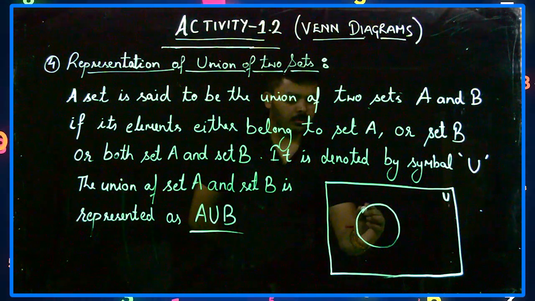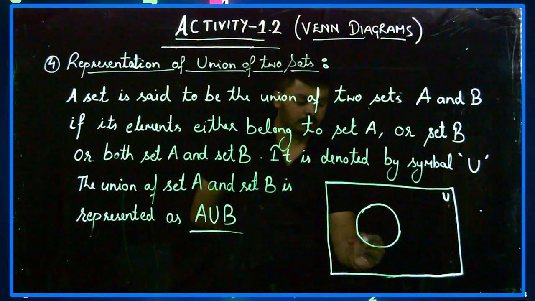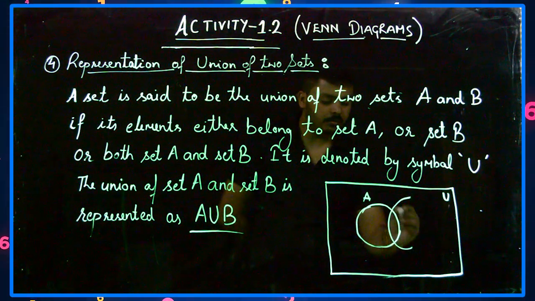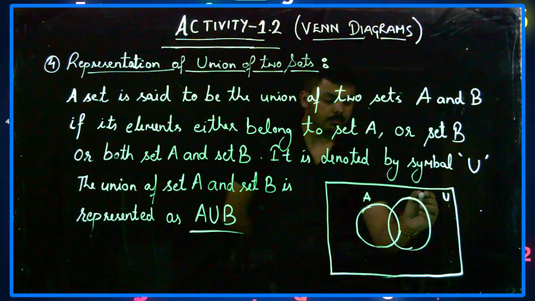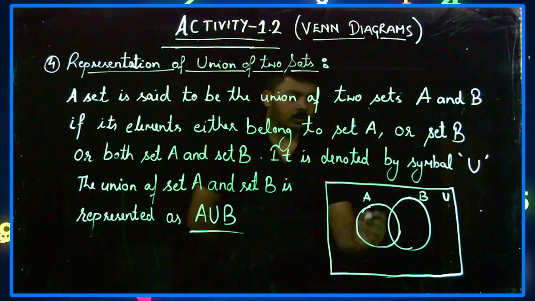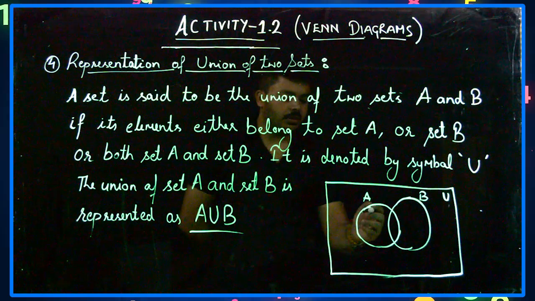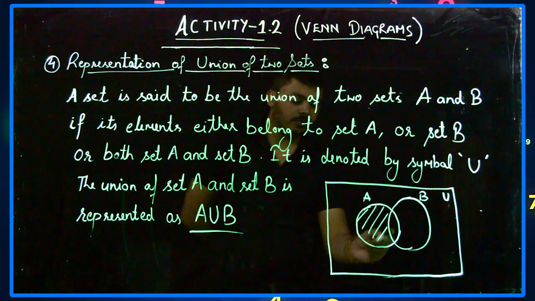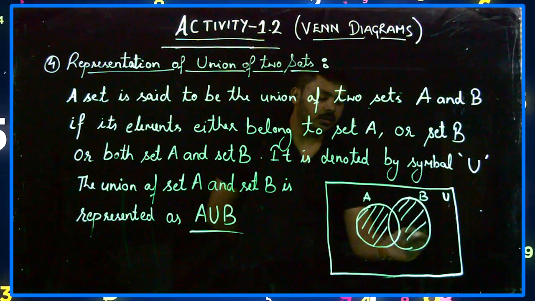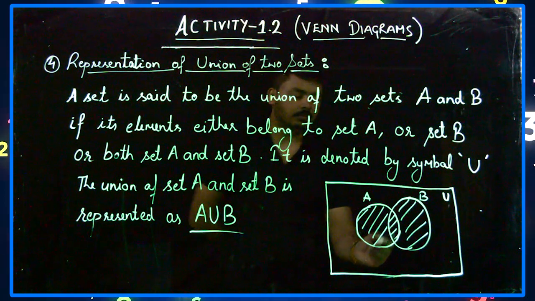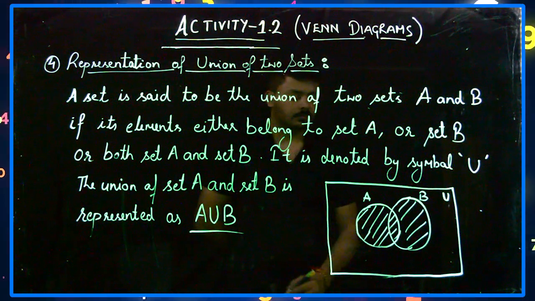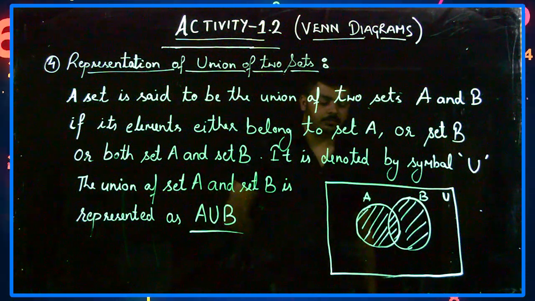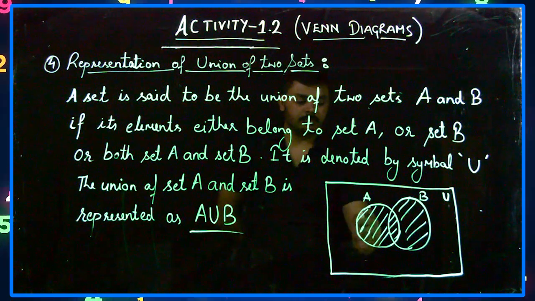This is set A and this is set B. Then A union B is all the elements, that is, it can be either the elements of A or the elements of B or the elements of both A and B. So this represents the Venn diagram for A union B, that is the shaded part.